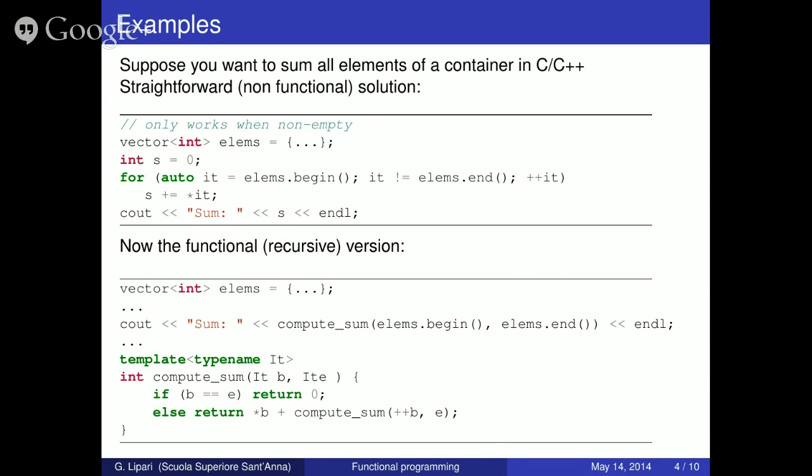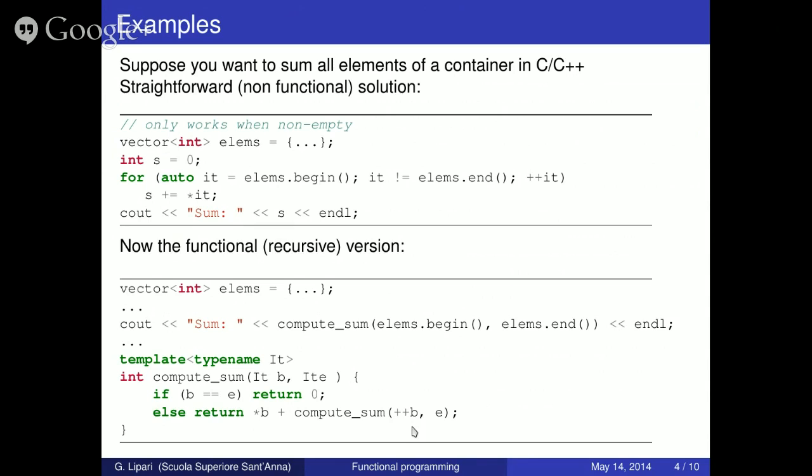The loop is implemented by using recursion. So here I'm going through the elements of a vector. How? If b is equal to e, I return 0, because the sum of no elements is 0. Otherwise, I return the content of b plus the sum of the elements after b until e.